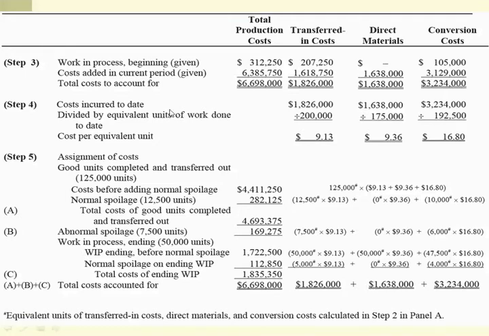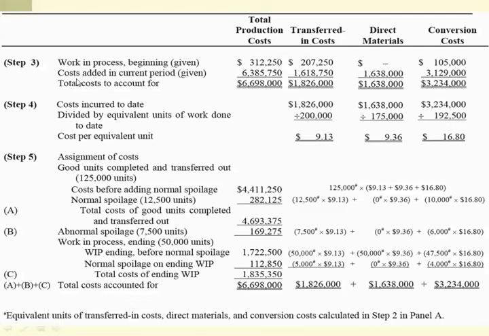Step 3. Work in process beginning costs given. Transferred in cost 207,250. Direct materials 0. Conversion costs 105,000. So total production costs equals 105,000 plus 207,250 equals 312,250.